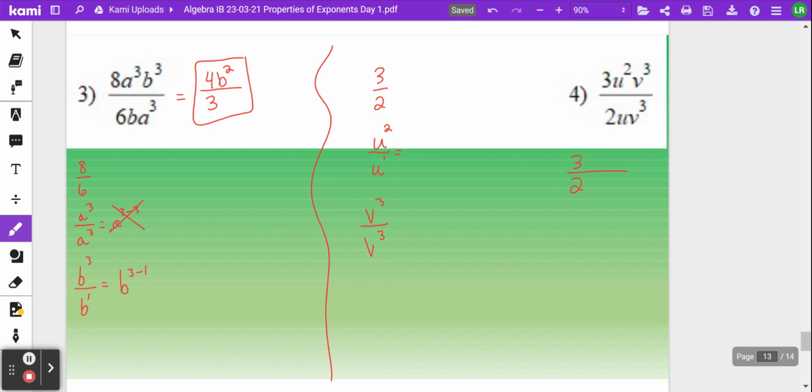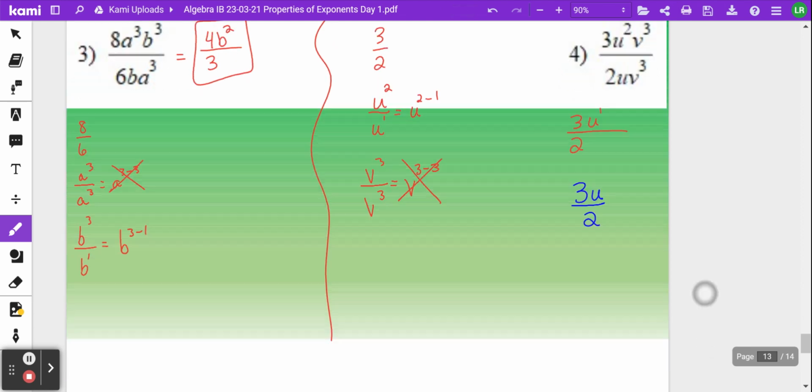The u's are divided. I've got to subtract. 2 minus 1 is 1. So I have u to the first. The v's are divided, so I must subtract. 3 minus 3 is 0, so I do not write a v in my answer. Again, the textbook usually will not put the exponent of 1 on there, so they would have written it like this as their answer. Same thing. There is no difference between the two.